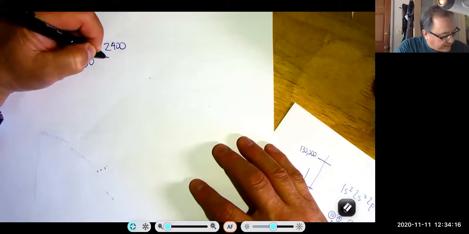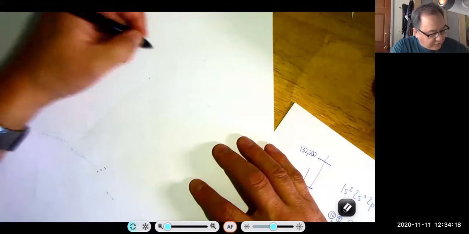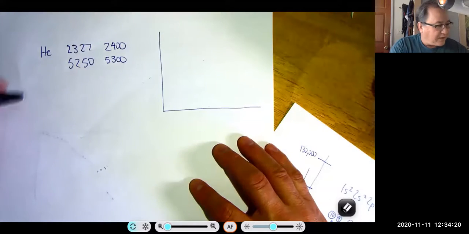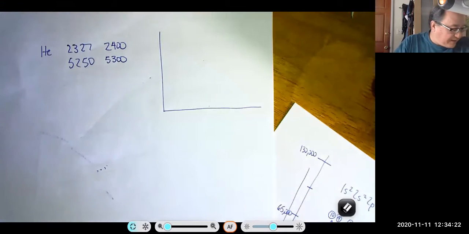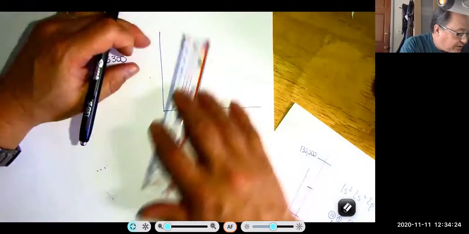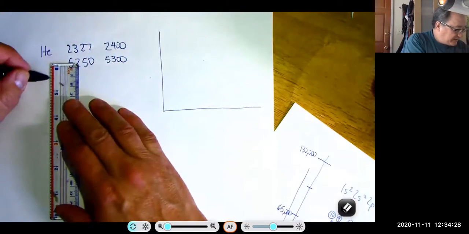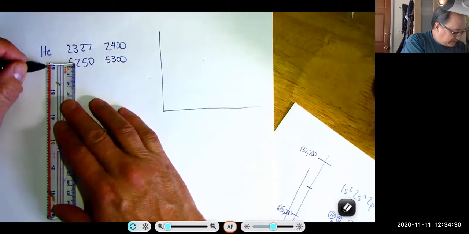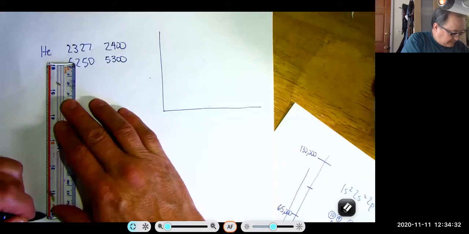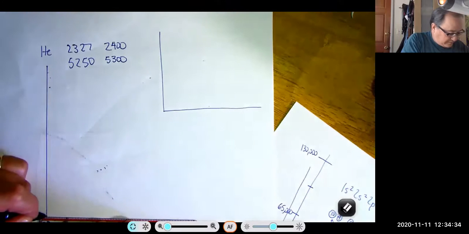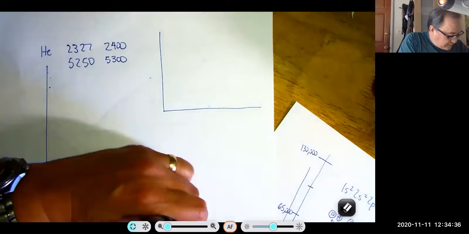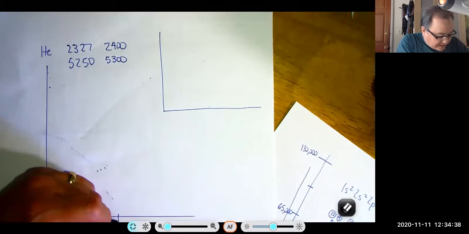And 5,300, right? Yep. And so if we actually plot that and try to do a decent job here, I'm going to call this 1 and this is 2.